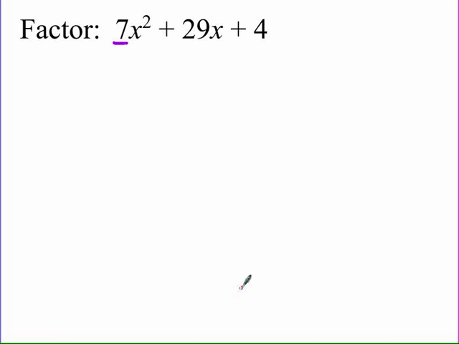If you remember, I always looked at the last number. But since this isn't 1, I'm now going to multiply the two numbers together. So I've really got 7 times 4, and this is the same process we just did last week.